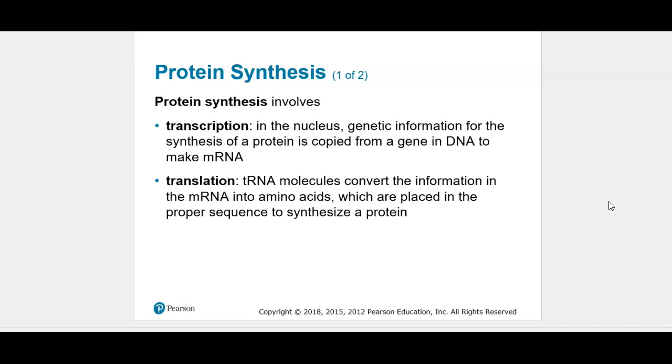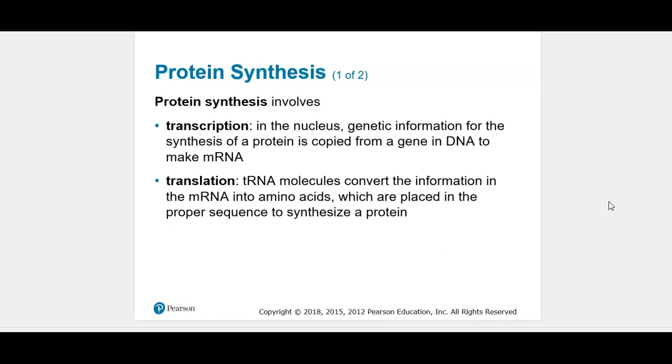Okay, protein synthesis occurs in a couple steps. Transcription occurs in the nucleus, where genetic information is transferred from the DNA to messenger RNA. When a protein is being synthesized, the first thing that happens is that a messenger RNA is synthesized in the nucleus using a stretch of DNA, which we call the gene, the section of DNA that codes for that protein.